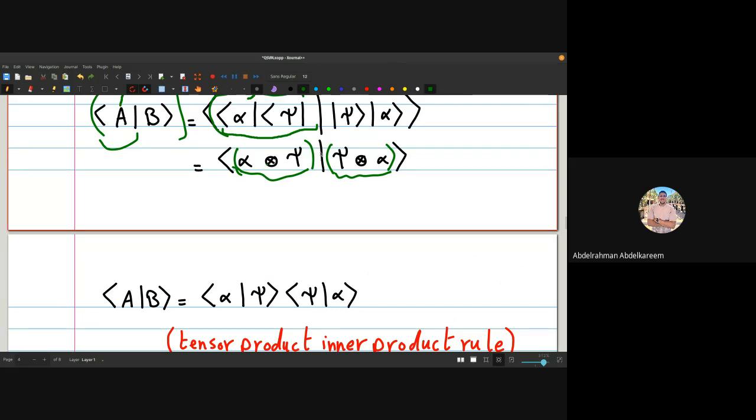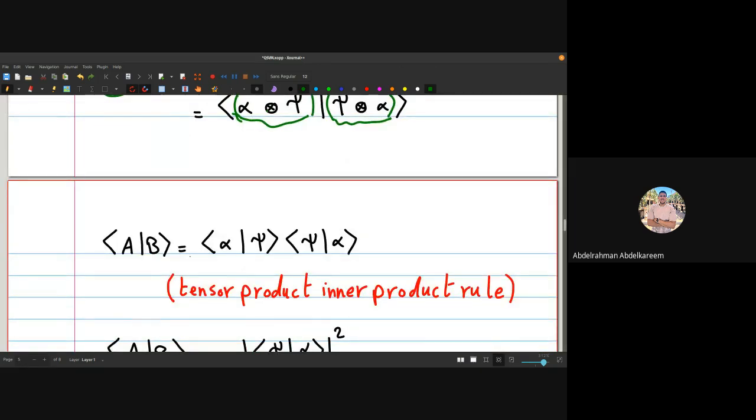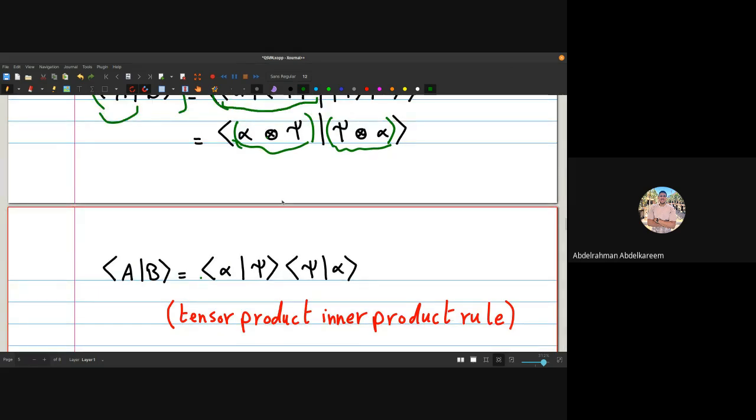If you have an inner product between two tensors, it can be two inner products. It's like alpha tensor psi inner product psi tensor alpha. It can be the other way around, psi inner product alpha tensor psi inner product alpha.